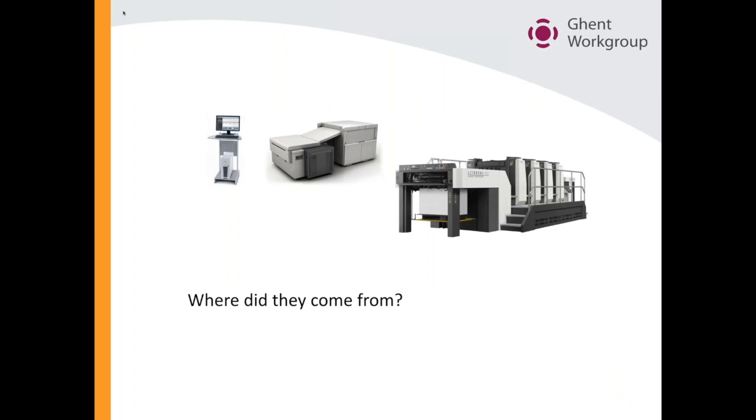It's pretty straightforward. In the old days, we had computer to plate, CTP, or CTF, computer to film. I'm not going to go back further than that, because this is really where we started dealing with digital. We had a controller that processed the file for that CTP device that ultimately created the plate that goes on the press.